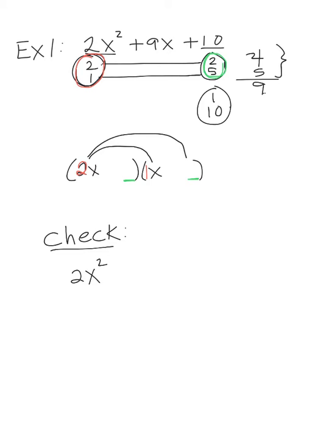Since I want this 2 to multiply by a 2, that positive 2 needs to go in the back. And then that leaves me with the 1 getting multiplied by the 5, so I need that to get multiplied by a positive 5. Then that's what I'm thinking the answer is, and you can always check by foiling.